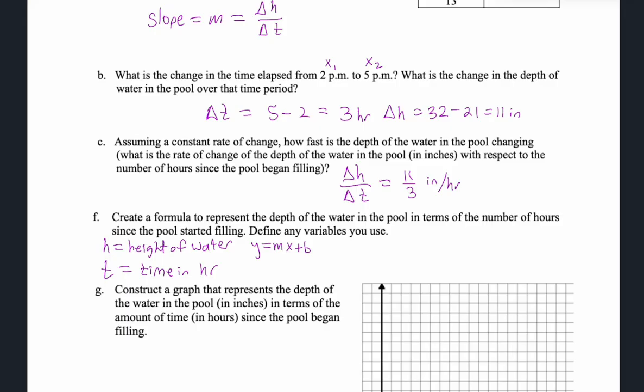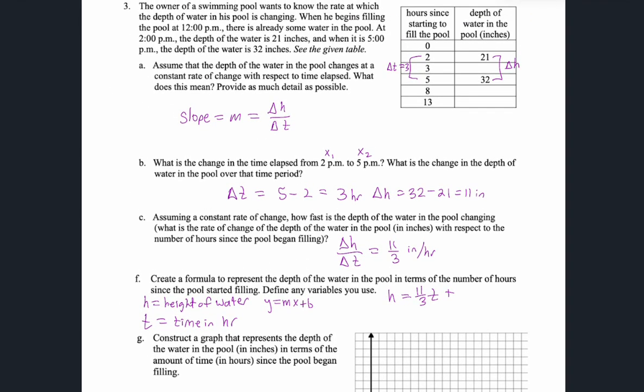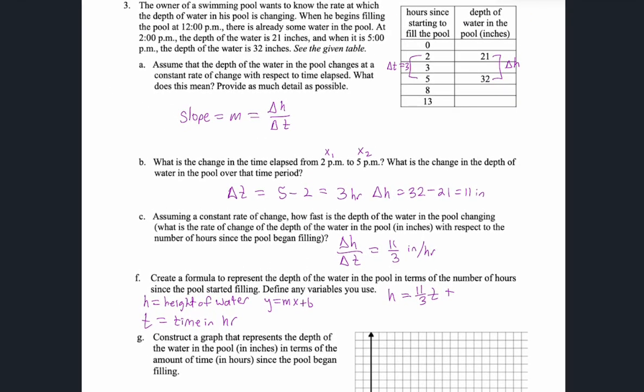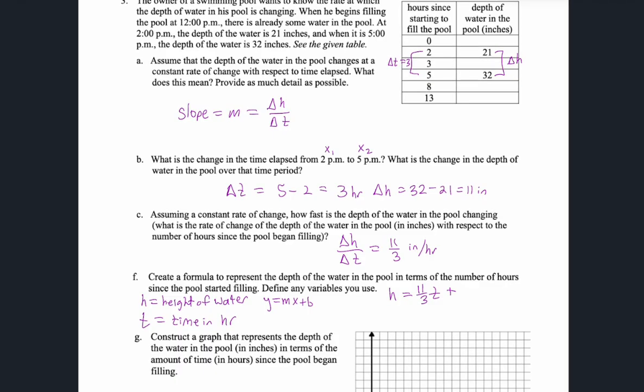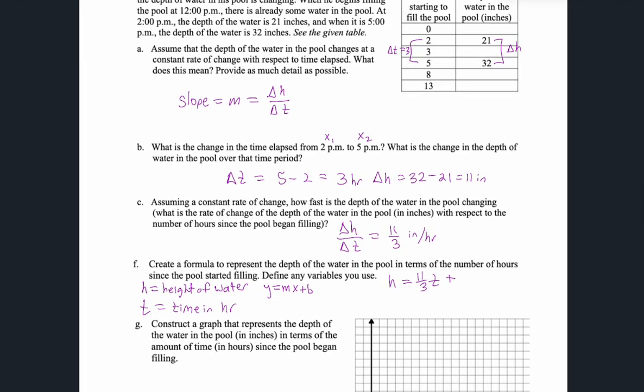The depth of the water is our y value or our dependent variable. So our equation would be H equals 11/3 T plus our starting height, which we haven't figured out. So let's put just a little b there.